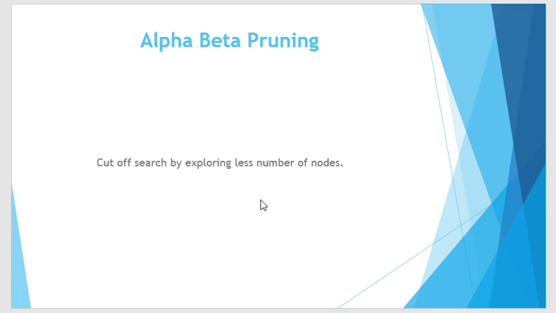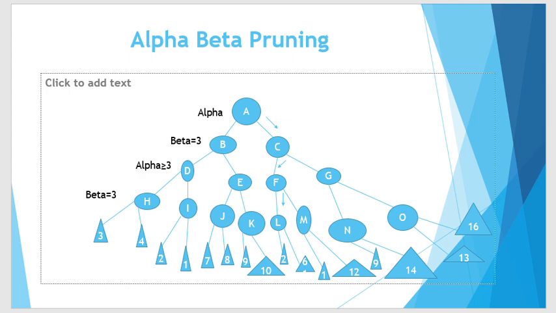We'll see those points from this particular game tree. I have already taken an example game tree that is bigger, so I can explain all the cases in this only, so you understand how alpha beta pruning works.